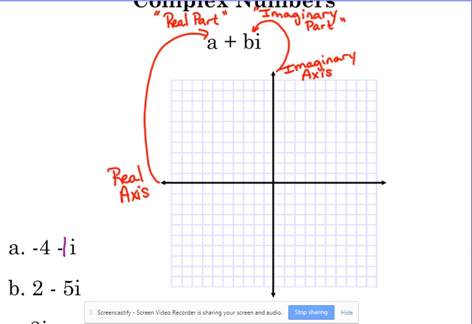So -4, left 4, down 1, that is the graph of the complex number -4 minus i. Just like we would graph a regular XY point, real part first, imaginary part second.